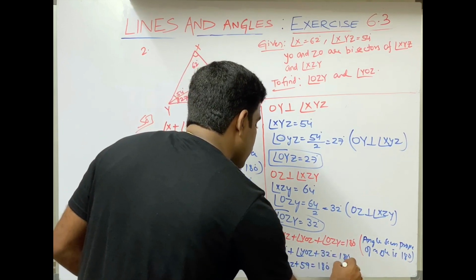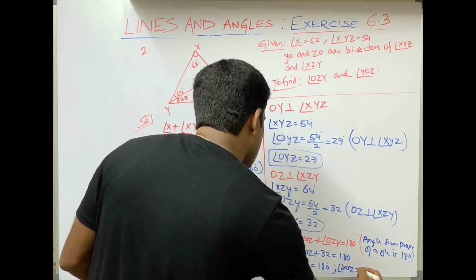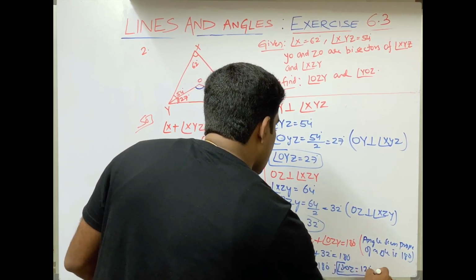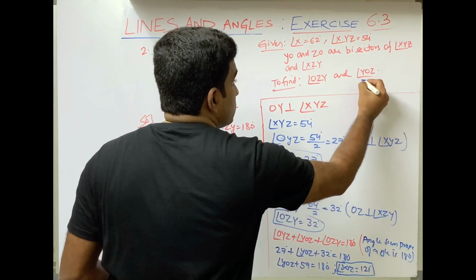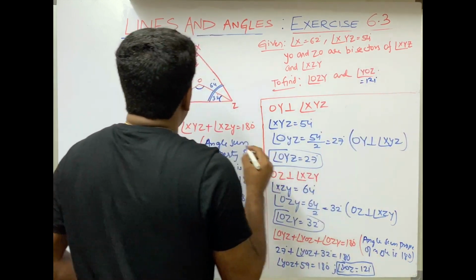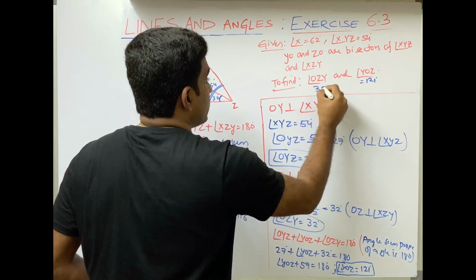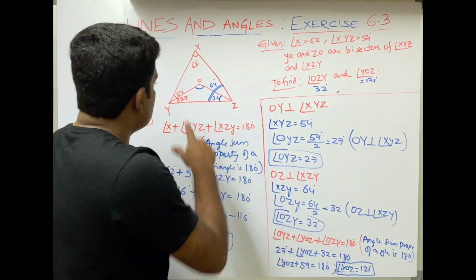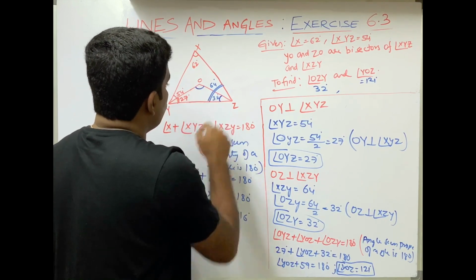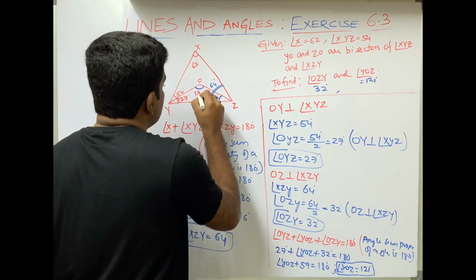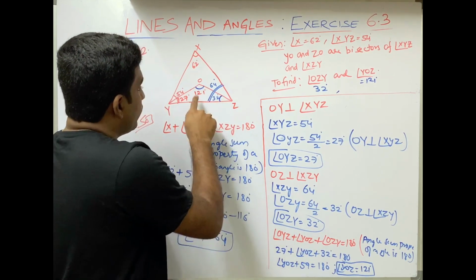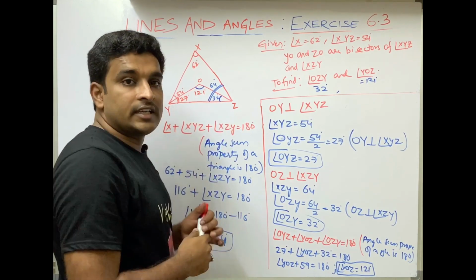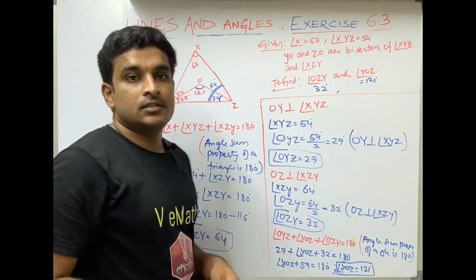That is angle YOZ equals 180 minus 59, which is 121 degrees. Angle OZY we got as 32 degrees. Clear? Angle YOZ we got as 121 degrees. If we check, 121 plus 27 will be 148. 148 plus 32 will become 180 degrees.